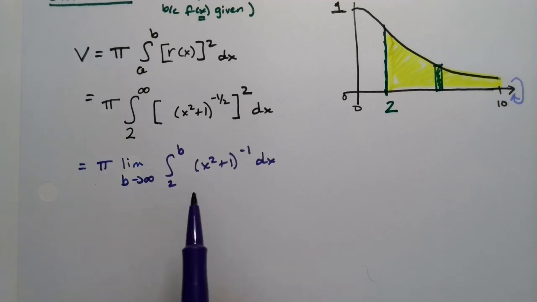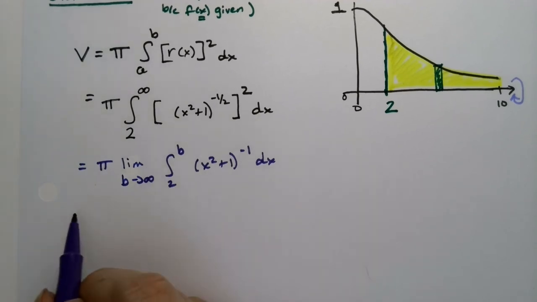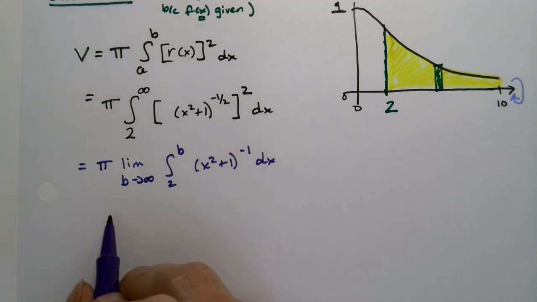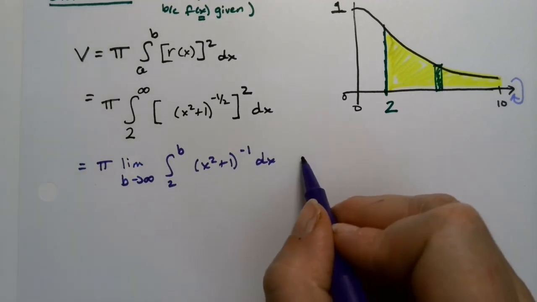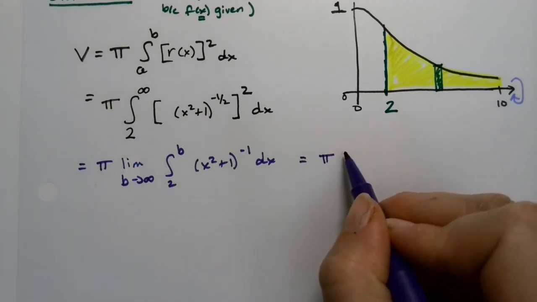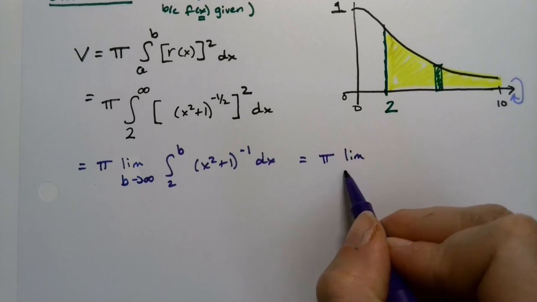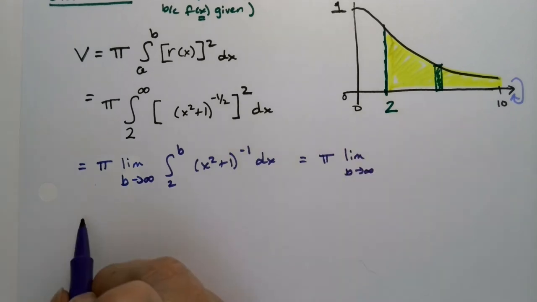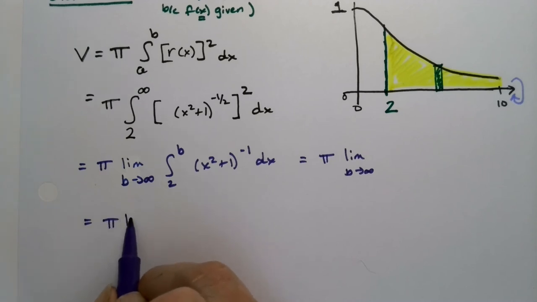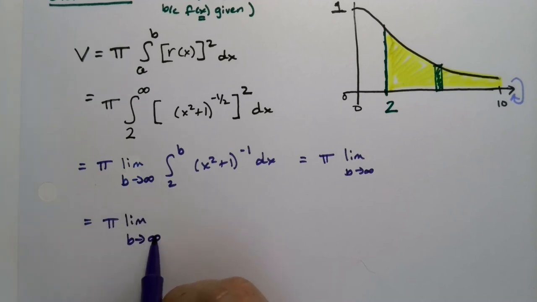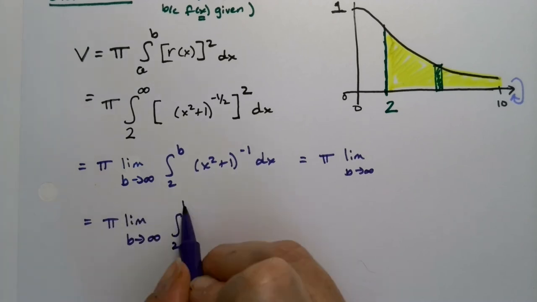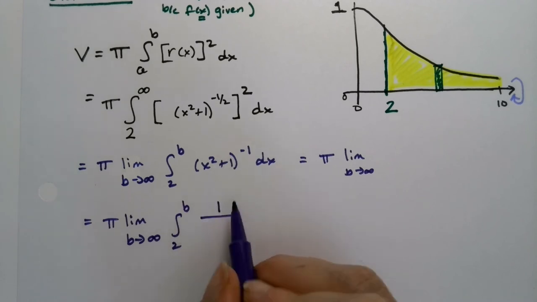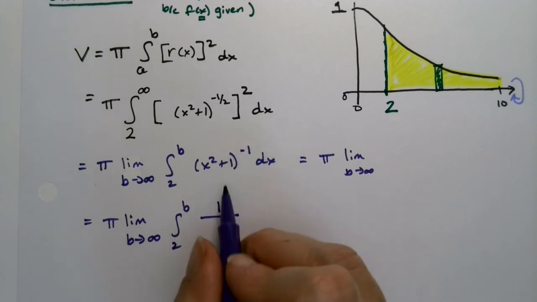Right? So that means that we can rewrite this as pi times the limit because I think it'll be obvious what you have to do next once I do this. Let me rewrite that, because the negative power means it's 1 over.